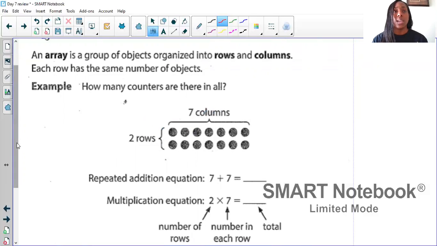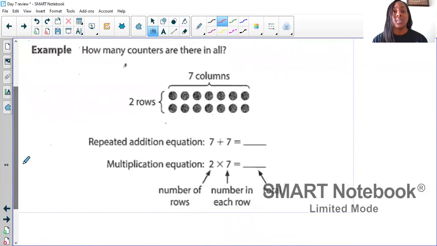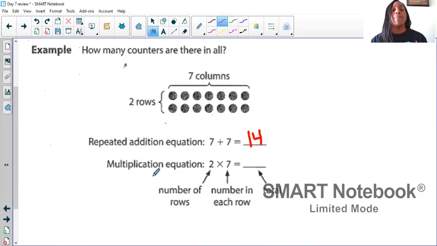So it's showing me a repeated addition equation right here, as well as a multiplication equation right here. So 7 plus 7. What is 7 plus 7? Very good. 7 plus 7 equals 14. That's right. And for the multiplication equation, what is 2 times 7?